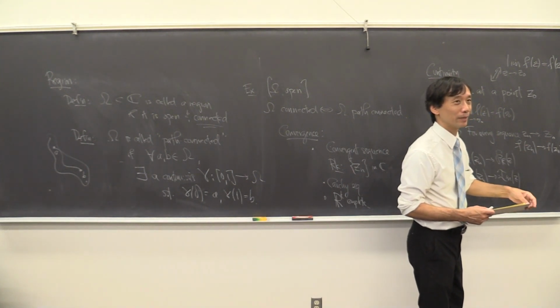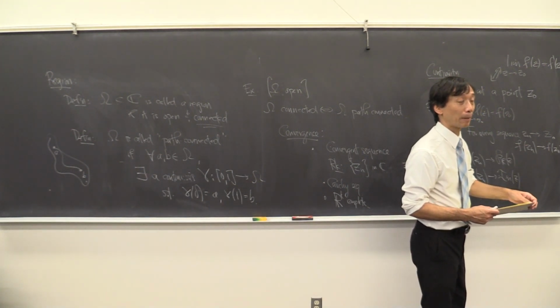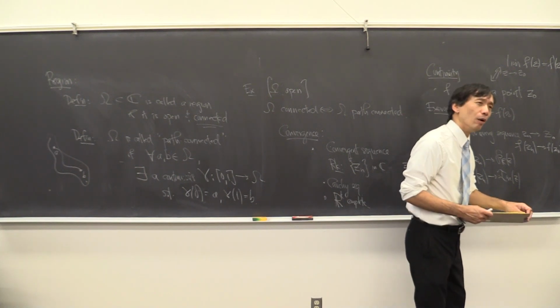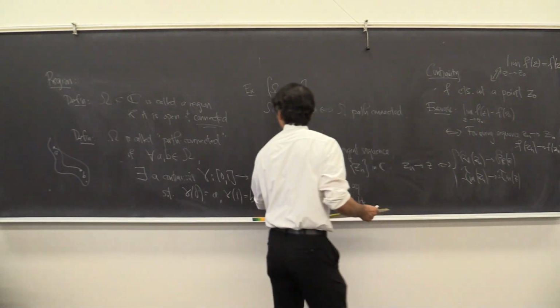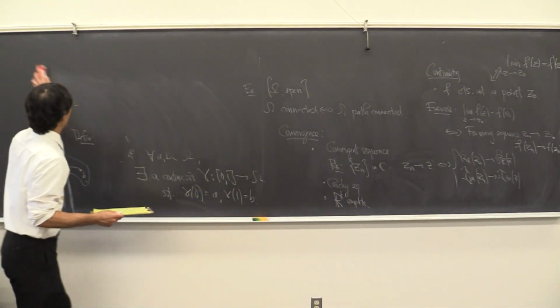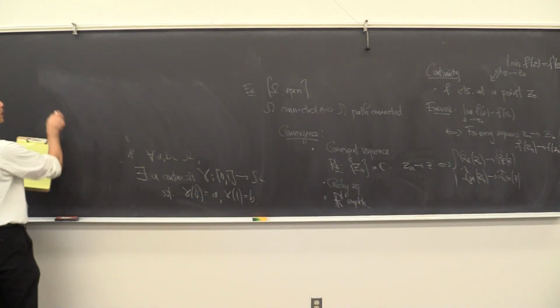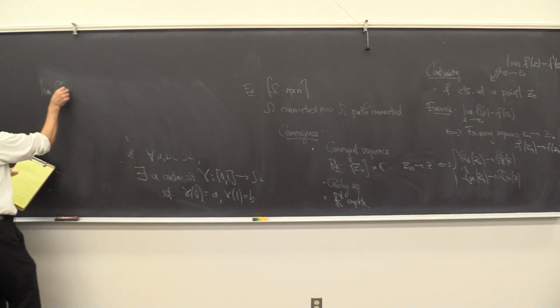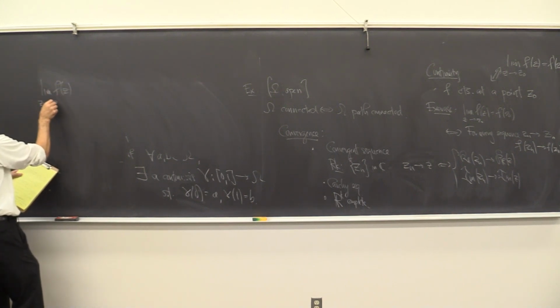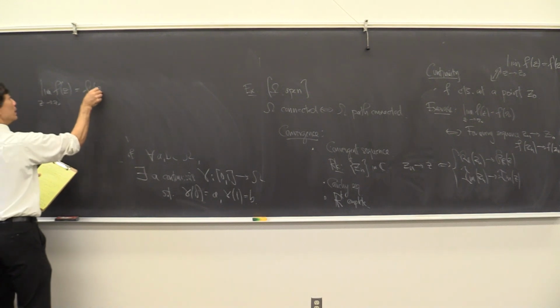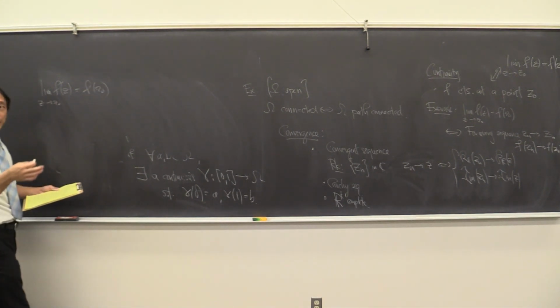Okay. Because I thought what the top right was saying is that the limit as z goes to z0 means if you pick any sequence of z's. No. When I say the limit of f of z as z goes to z naught is f of z naught, what I mean is really the epsilon delta thing.